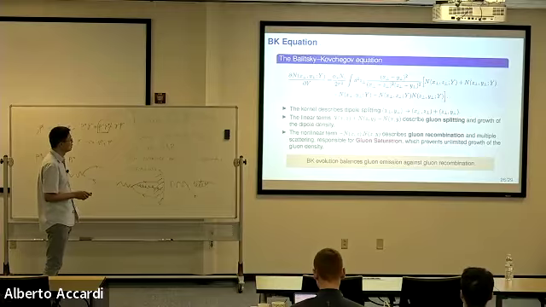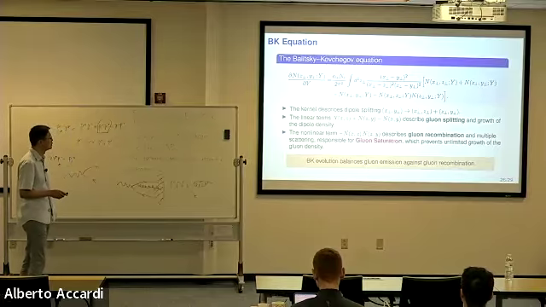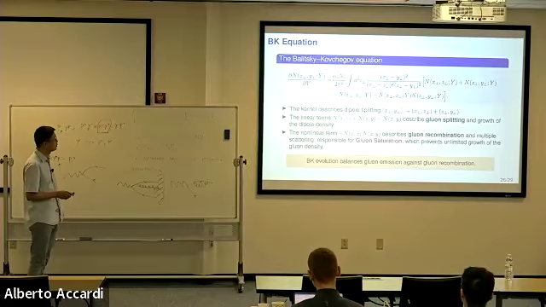If you look at the right-hand side, there are linear terms, linear in the dipole amplitude N. And then you also have a nonlinear term, which is quadratic in the dipole amplitude. You also have this kernel here, where you integrate over the transverse coordinate z.